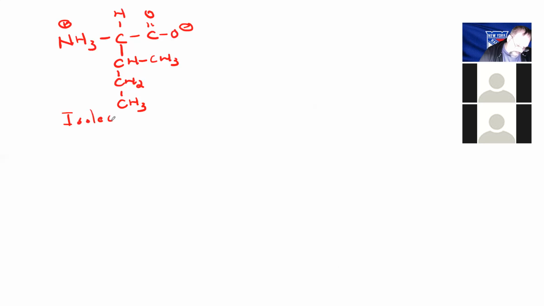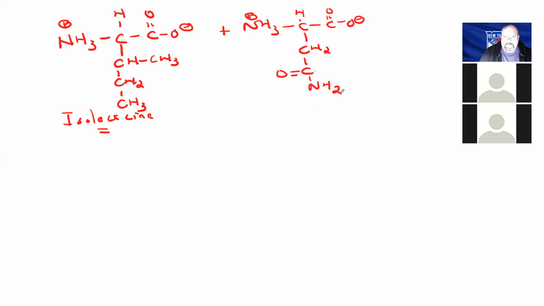And because we designated it as the N-terminal amino acid, in this peptide, it would have to be the first amino acid. And we're going to react that with asparagine. So again, off our central carbon, we'll have amino, hydrogen, carboxyl, and then we'll have our side chain, which in this case is CH2, C double bond O, connected to NH2.